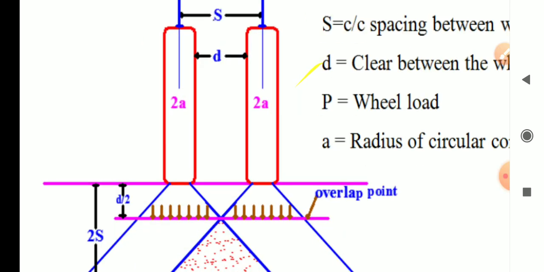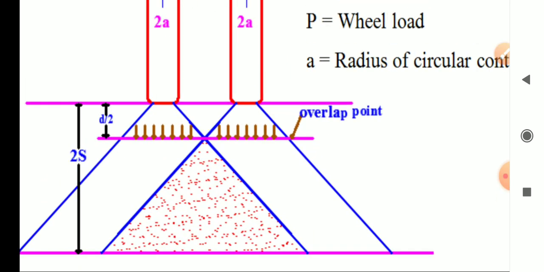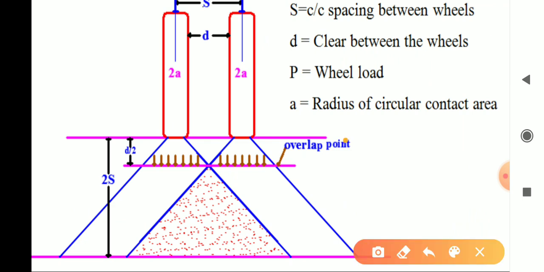Assume this is the pavement. In it, contact pressure, tensile stress and deflection will be developed because of that single wheel load.